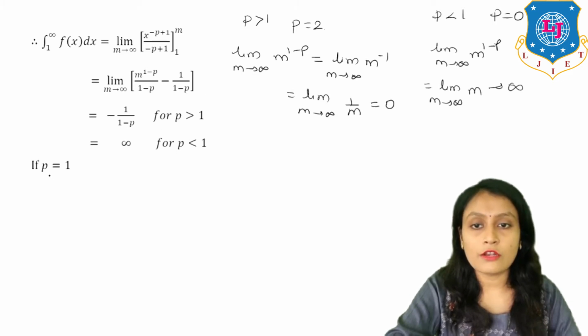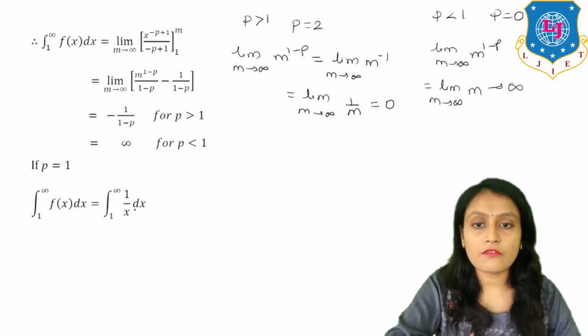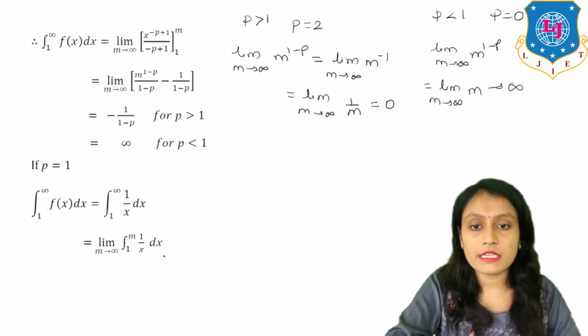Now we will solve for p is equal to 1. So you will get integration 1 to infinity f x dx is equal to integration 1 to infinity 1 upon x. Why? Because in place of p we have substituted 1. Now again this is an improper integral, so we will write it in the form of a limit. So limit m tends to infinity, integration 1 to m, 1 upon x dx. Now integrate this, so you will get log x, and the limit is 1 to m.